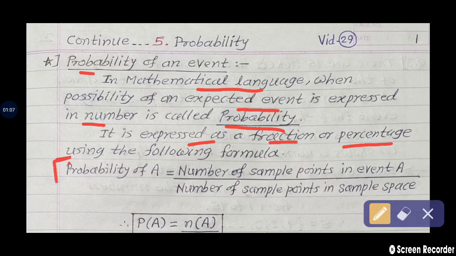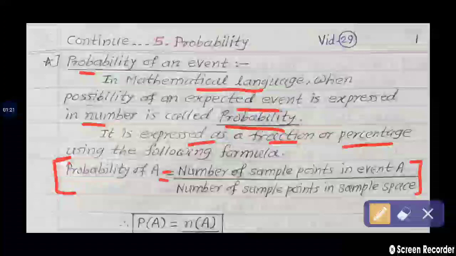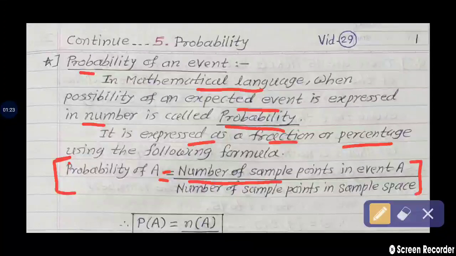So what is this formula? Check now. Probability of any event, such as event A, so probability of A is equal to the number of sample points in event A divided by the number of sample points in the sample space.